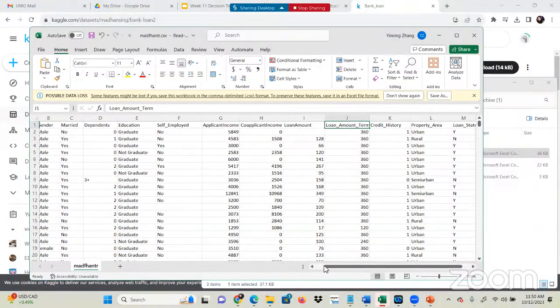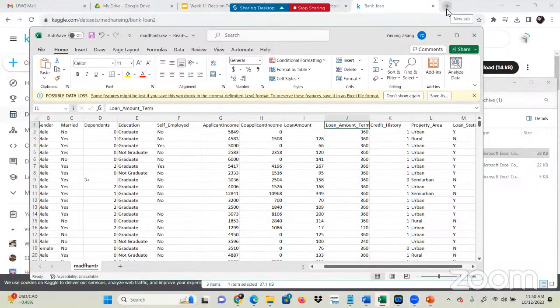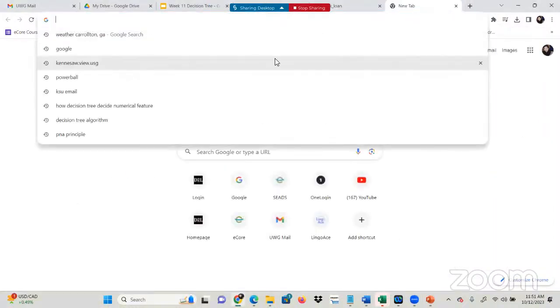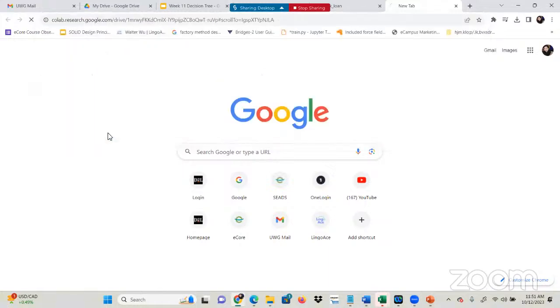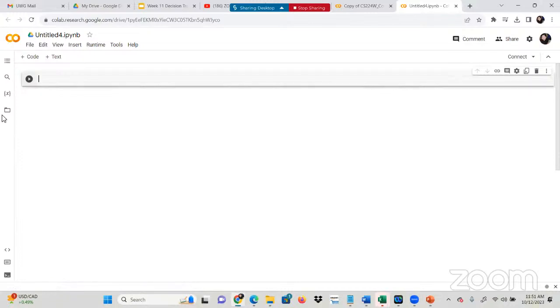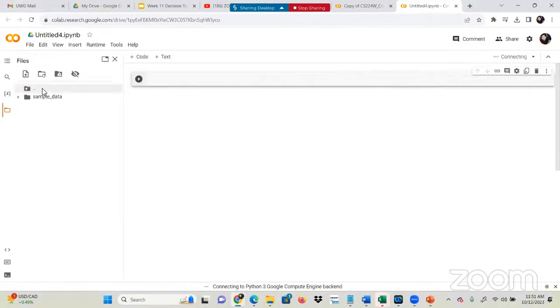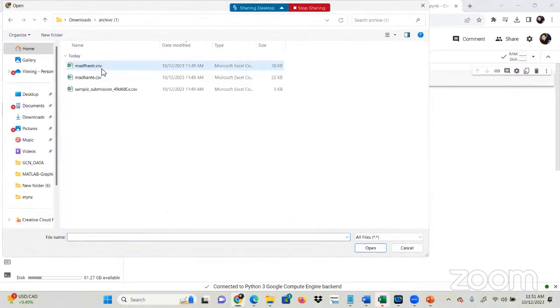Now let's start to load this data set. Here's my Google Colab. If you don't have Python on your desktop, you could use Google Colab.